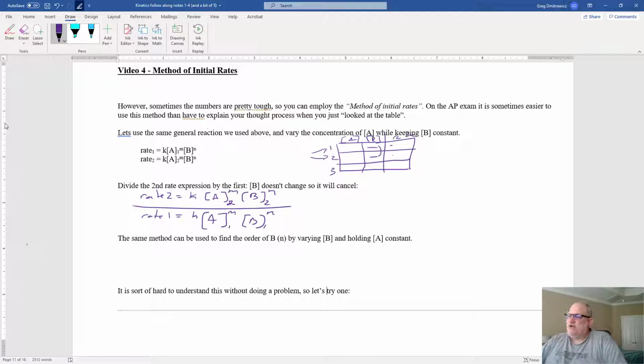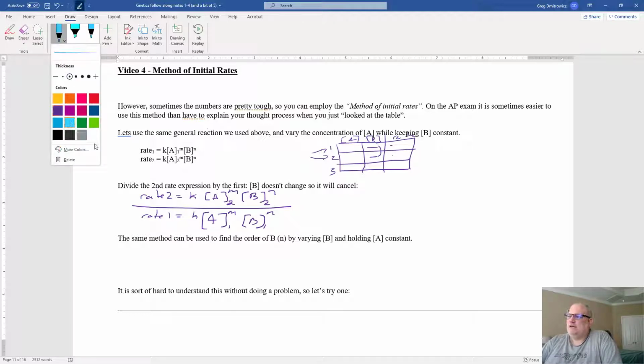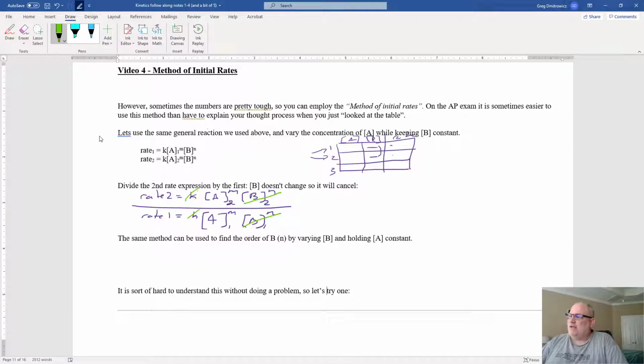Now, one of the things we love to do all the time is cancel out. My K is the same in both cases, so that disappears. And if my B is constant, the concentration of B in both is the same, so both of those get canceled out.